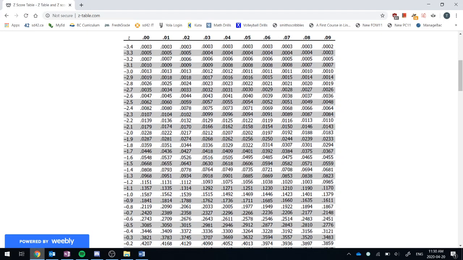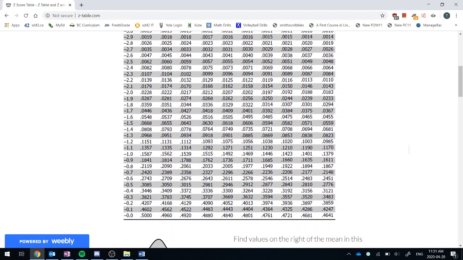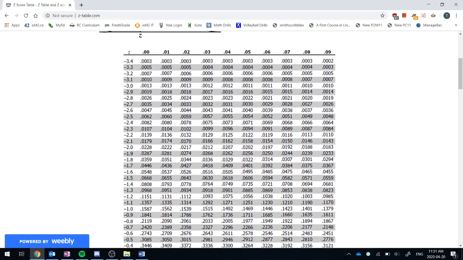So if you remember these guys here, reading this table, all of these decimals here represent the area underneath the curve for any given z-score, right? So again, there's a table in the last page of your workbook that looks exactly like this. If you don't have your workbook, you can just go to z-table.com.